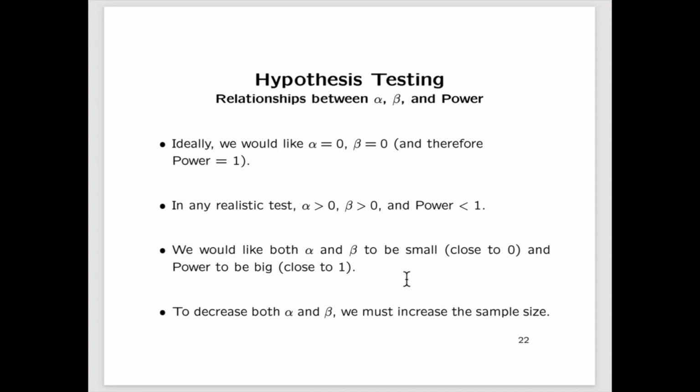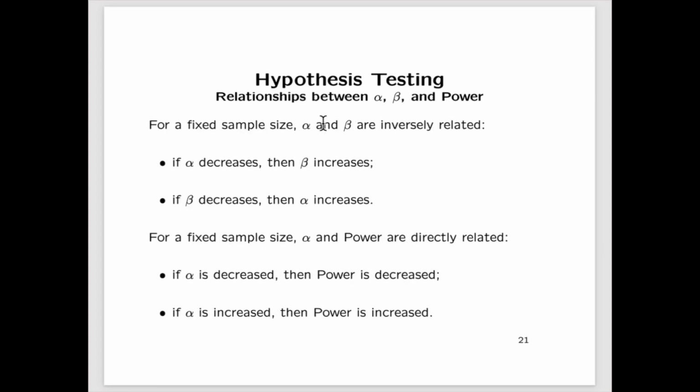But now recognizing that, if we can't have the ideal situation where alpha and beta are both 0, we would at least like them both to be small, that is close to 0. And therefore, that would give us a power close to 1. But remember, let me go back to the previous slide, we have this inverse relationship between alpha and beta.